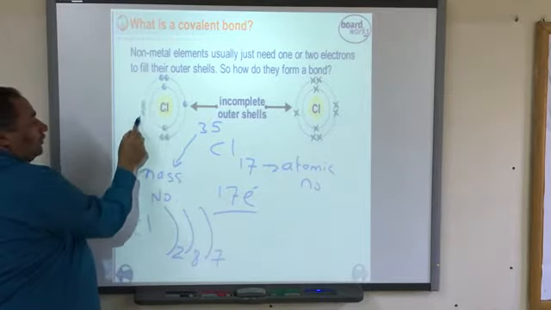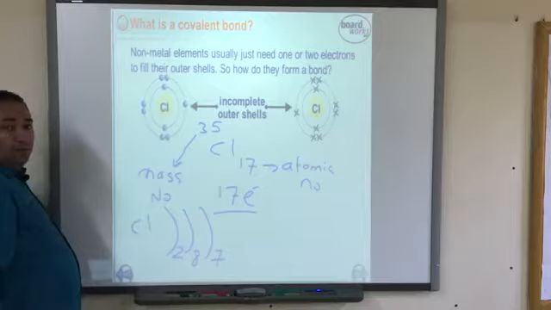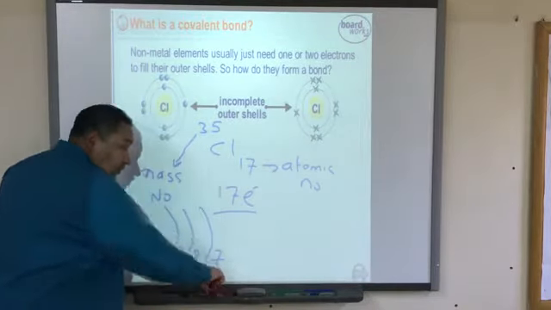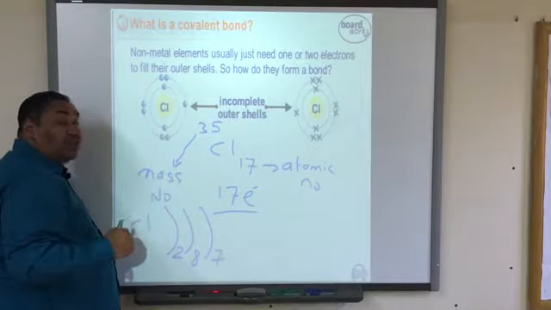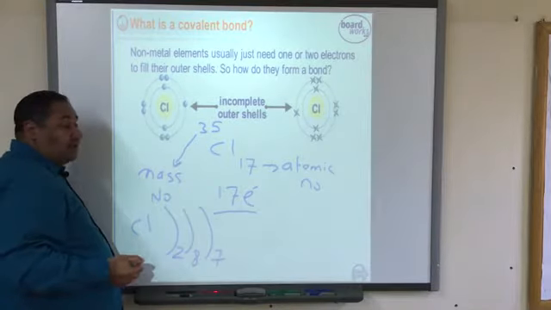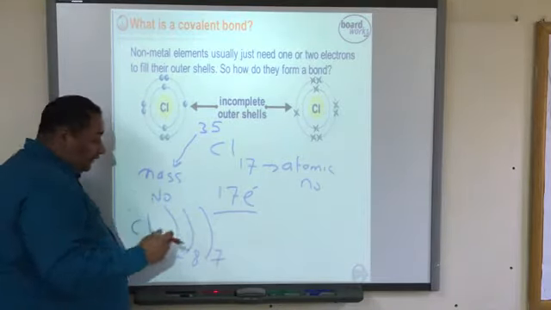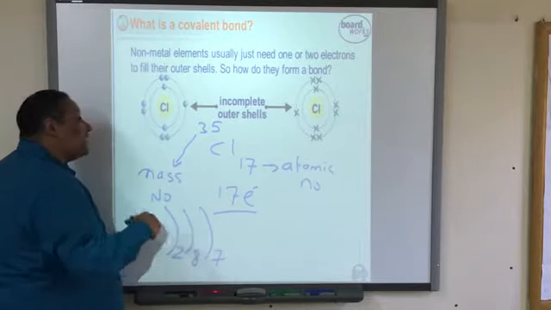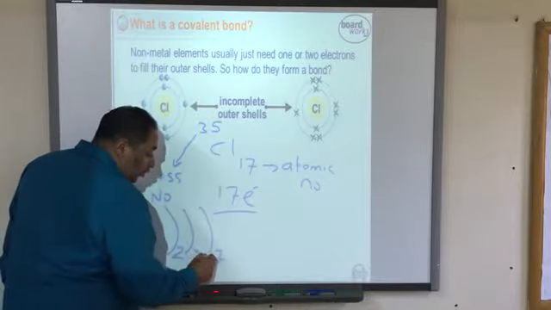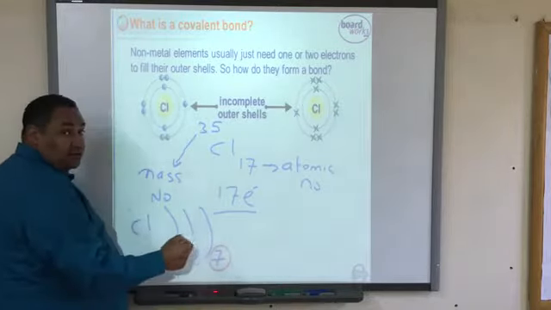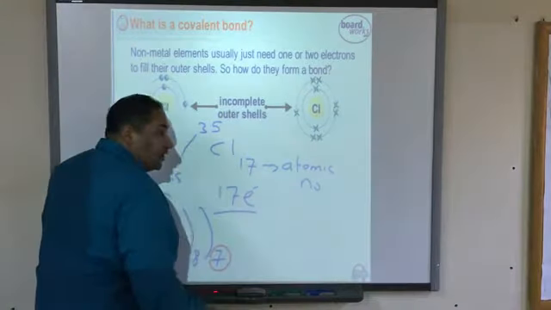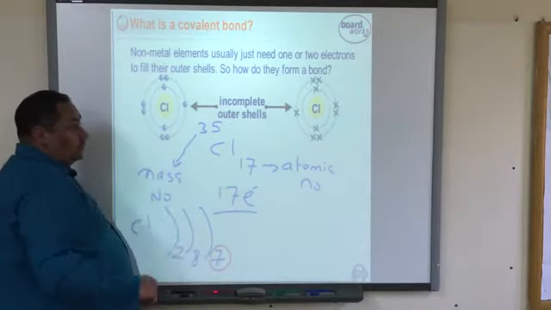I told you to get the perfect structure like the nearest inert gas, with the last energy level full, or 8 electrons. So here it has 7 electrons. What does chlorine need to reach the next level? It needs 1 more electron.